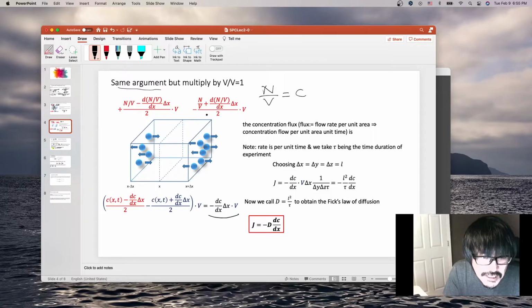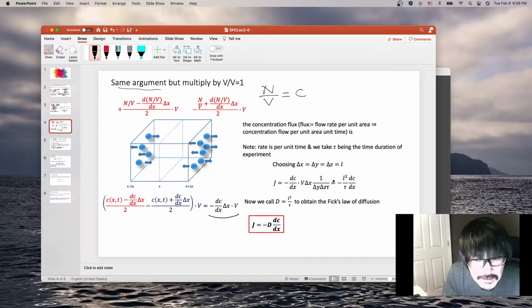Because we didn't change anything right here. The same argument: the concentration flux is pretty much the same as the number flux, but divided by volume, multiplied by volume, right? So J is unchanged. This is the number flux, right? Multiplied by the delta x, that's coming from this guy, and then divided by unit area and the experimental time, right?